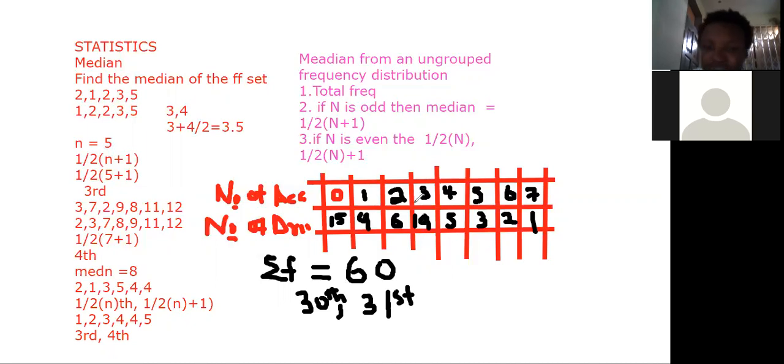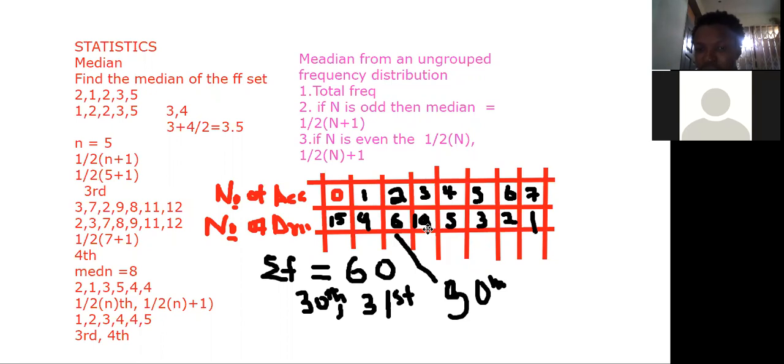So for 30, let's look at 15 plus 9, which gives us 24. 24 plus 6 will give us 30. So the 30th mark is here, at 6.